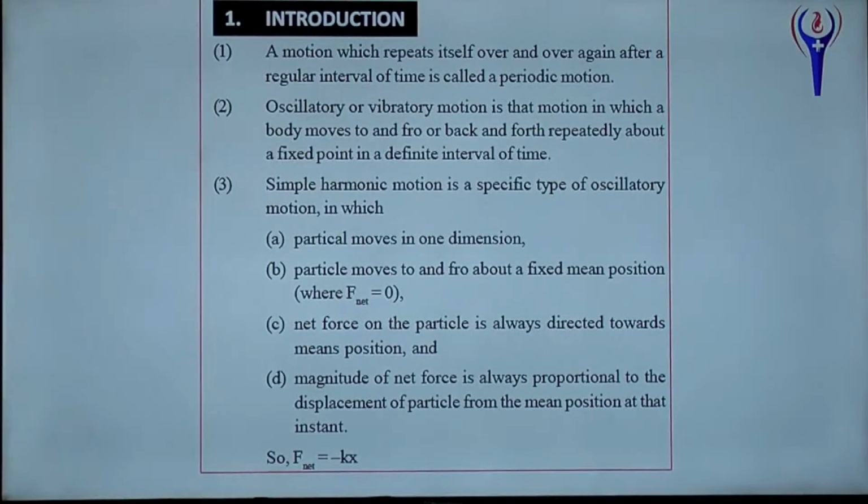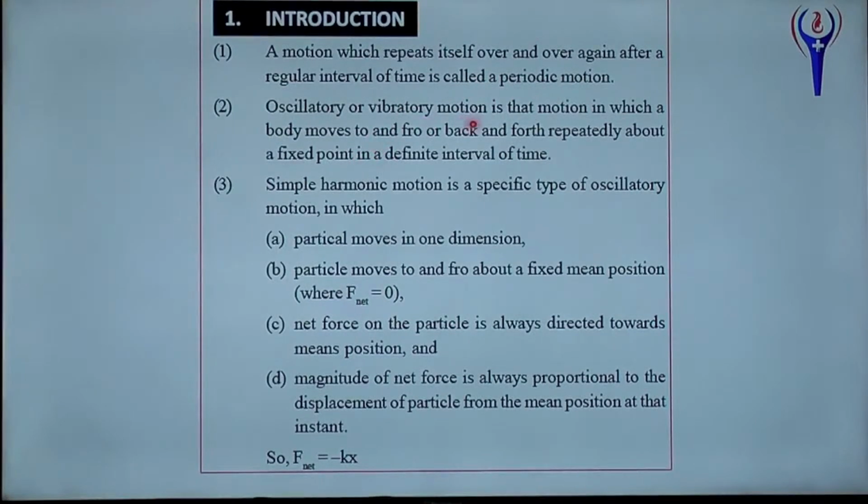A motion which repeats itself over and over again after a regular interval of time is called periodic motion.